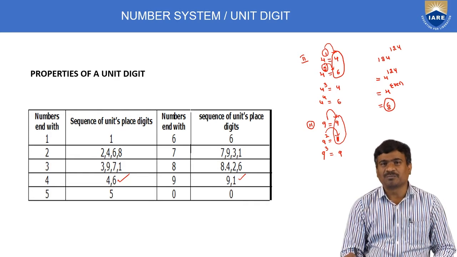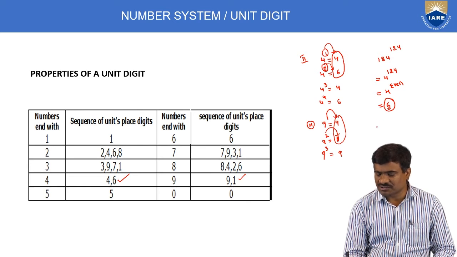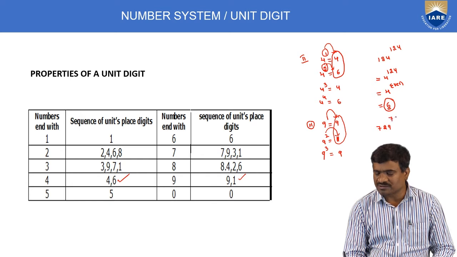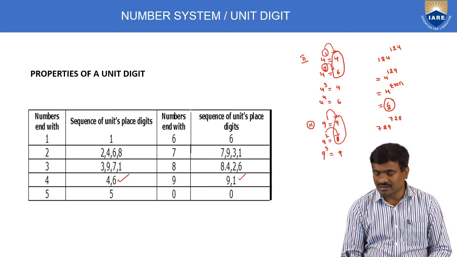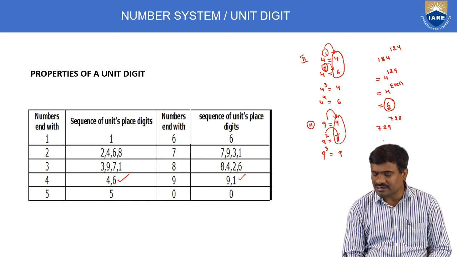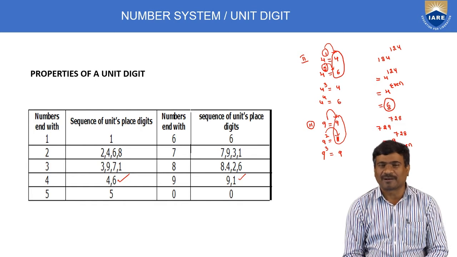One example based on this logic. Find the last digit of 729 to the power of 728. It is also written as 9 to the power of 728. 9 to the power of an even number; 728 is an even number, so 9 to the power of an even number gives 1.